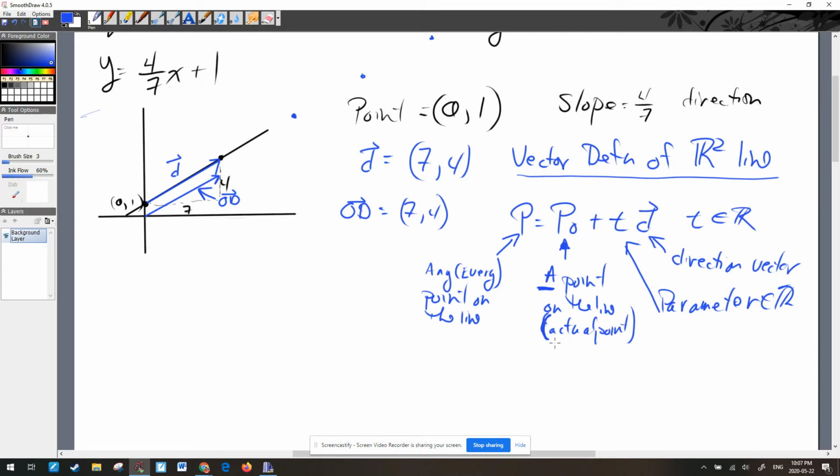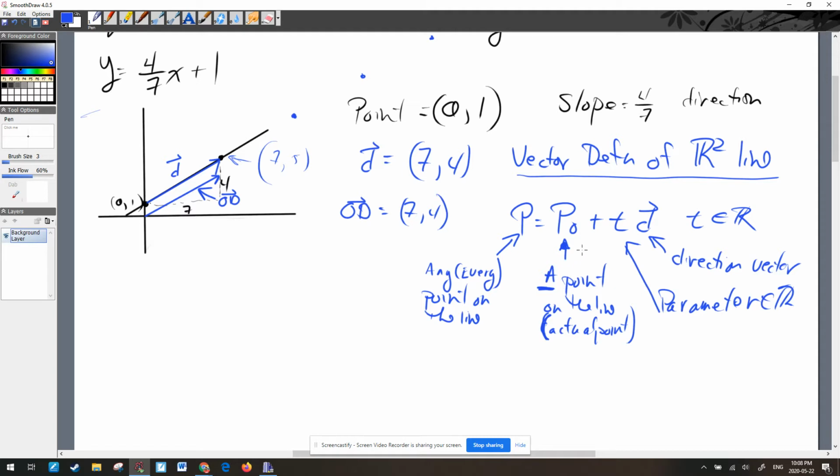But for now, you can think about a vector equation of a line by saying, get out to some point on the line. Now, P naught, in this case, the obvious choice would be (0, 1). But it could be anything, right? Like the next point out here that's easy to get to is to advance 7 and go up 4. So that point right there would be (7, 5).